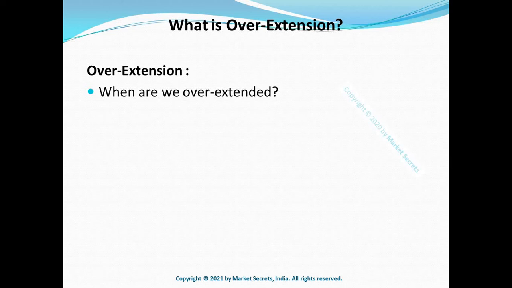line? We consider overextension when we clearly see that the price has been moving in one direction non-stop by creating three or more CPs, that is nothing but your continuation patterns. So if it is creating three or more CPs clearly, then it is overextended.